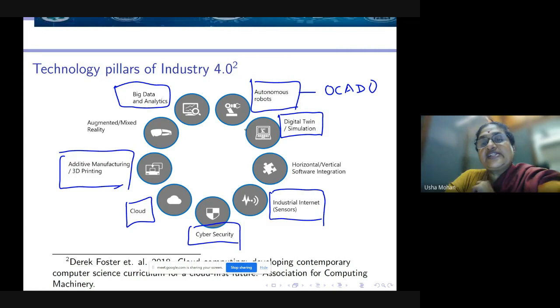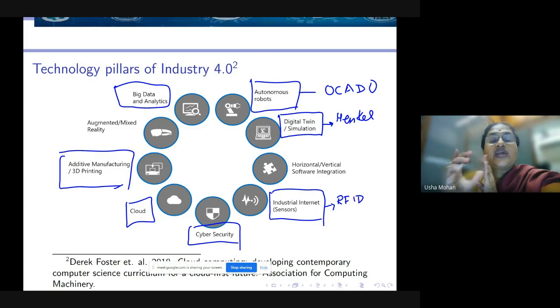We looked at digital twins, and how Henkel laundry detergent has used digital twins. Then sensors: we saw how RFID sensors have been used in smart container ships, smart containers.